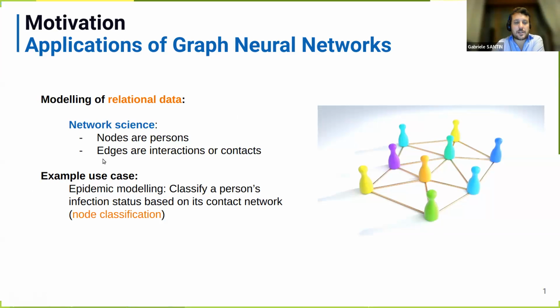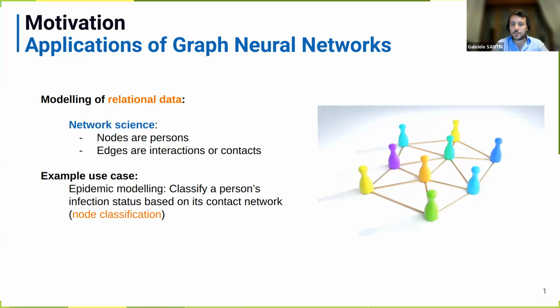And in this case, for example, a typical use case that was also of great relevance in recent years is about epidemic modeling. So, for example, you may be interested in classifying a person's infection status based on the contact network. So you know the graph representing a person and their interactions in the past week, for example, and you may know that some of these nodes, or people, actually got infected by a virus.